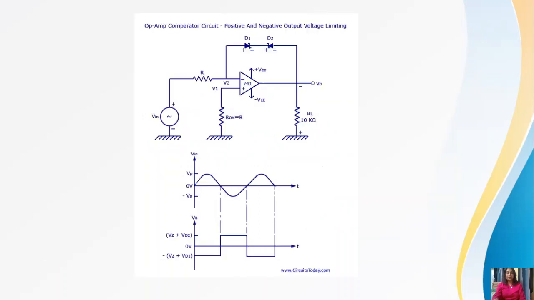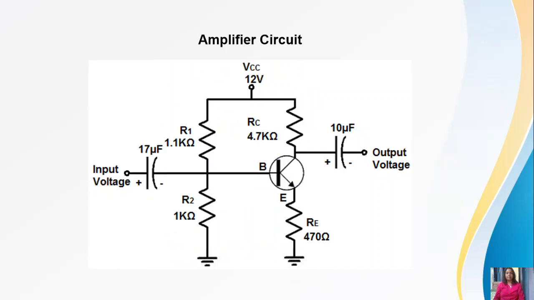A limiter circuit is a circuit which generates limited output voltage, built using semiconductor devices like diodes, op-amp along with resistors. The next circuit is the amplifier.